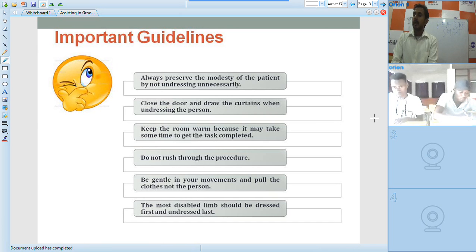Keep the room in a warm condition or at a temperature which is comfortable for the patient. With that, do not show any hurry or any rush while giving the procedures to the patients.